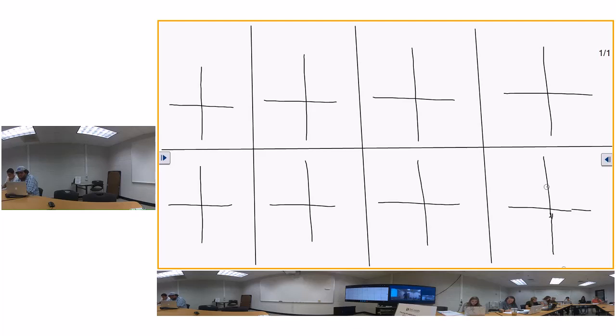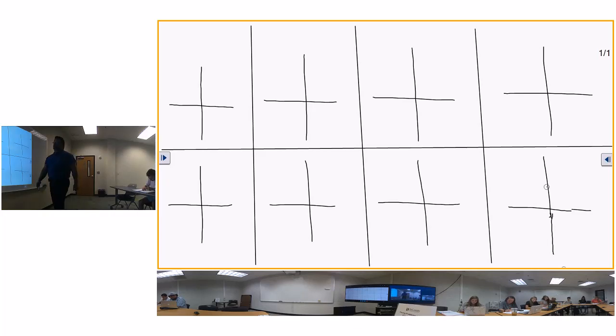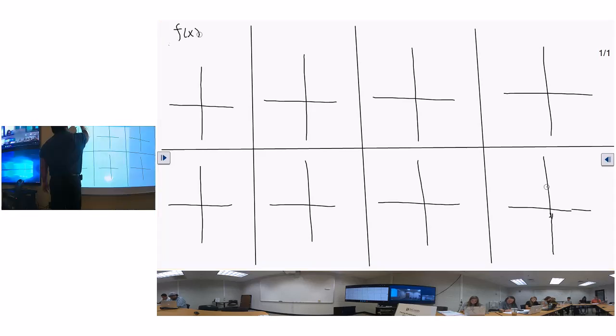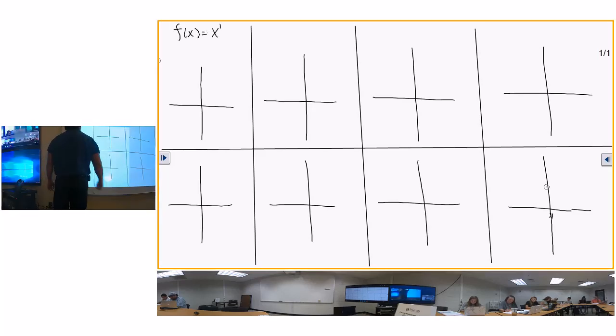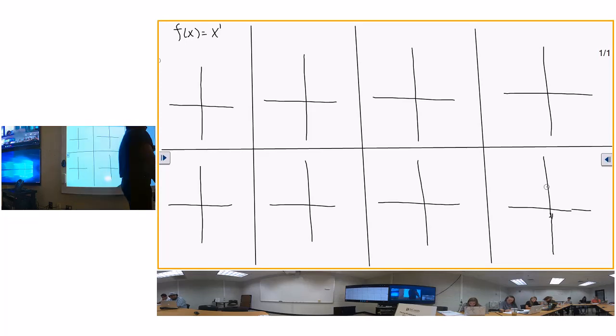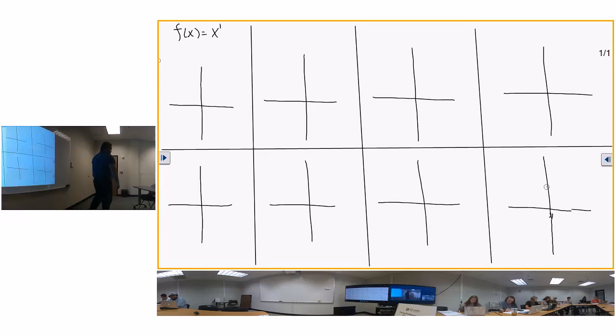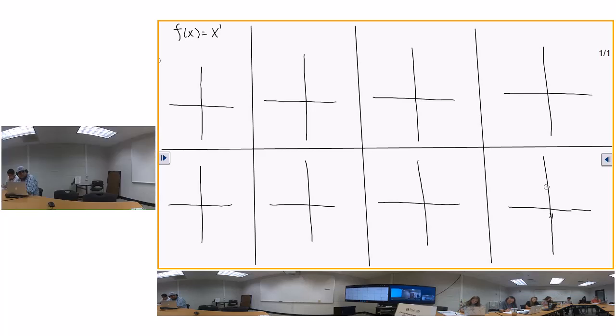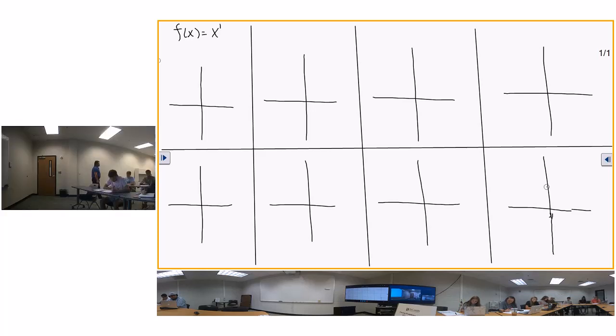All right, the first graph that we're going to draw is f of x is equal to x to the first power. Now, what are the characteristics of x being raised to the first power? What will the graph look like?